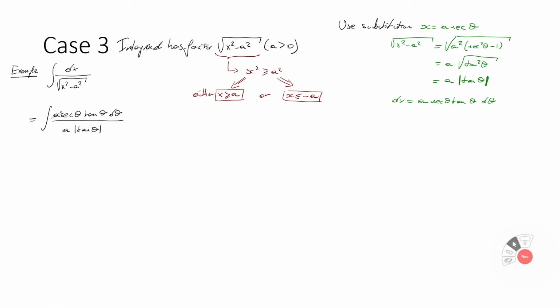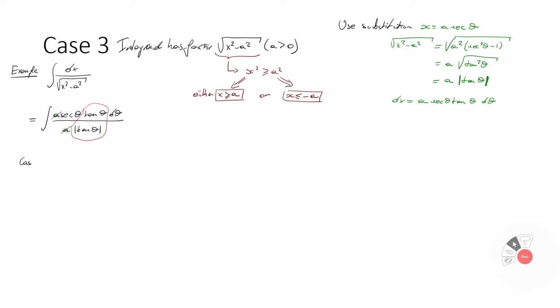And we can cancel the a, that's very easy to do since it's positive. And now we want to have a look here at this tan theta divided by absolute value of tan theta. So for that we're going to have to look at two cases separately.